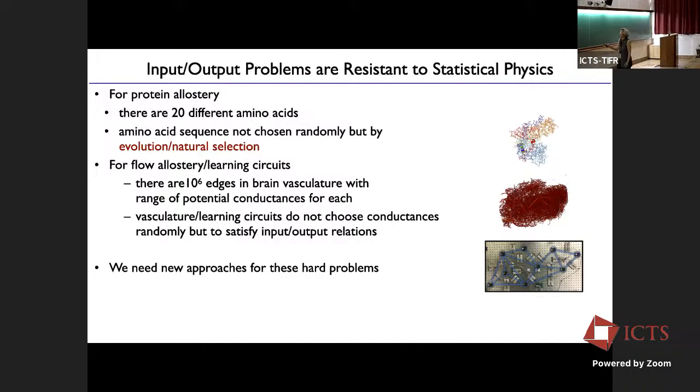And so this is why we have decided to take a totally different approach. This is what I call statistical physics in quotes, because it's not your normal statistical physics. The first thing we need for that is ensembles. We need these designed ensembles, ensembles of networks that all accomplish the same thing. It's only when you have many, many examples that we know we can do statistical physics.